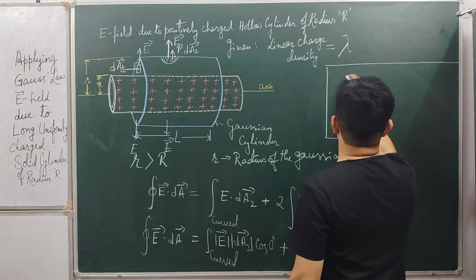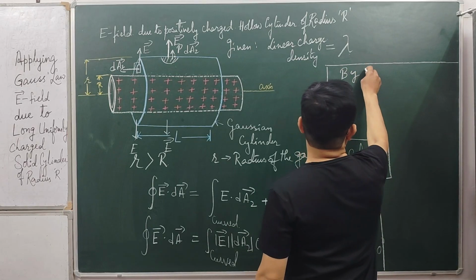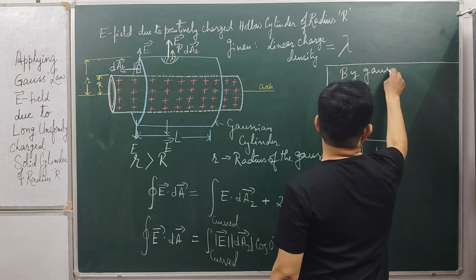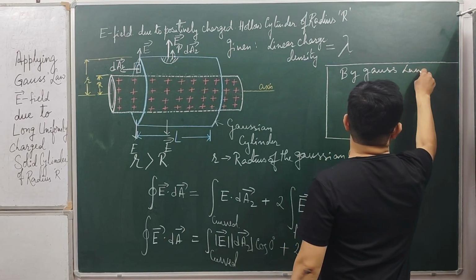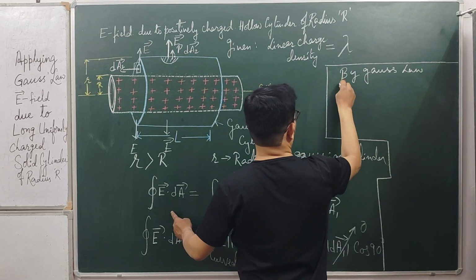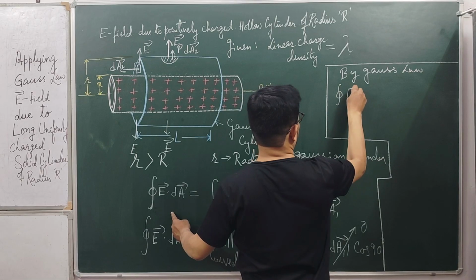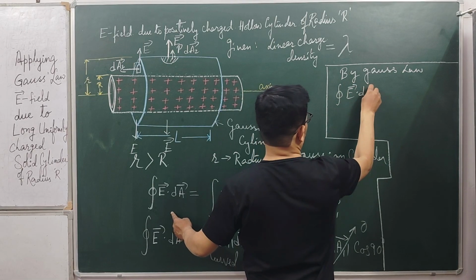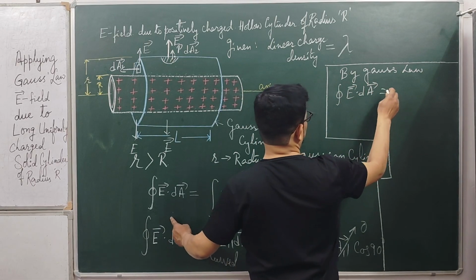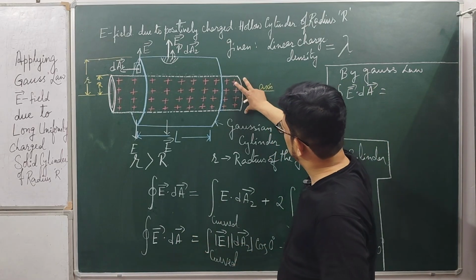So by Gauss law, what do we know? We know that this net flux that we have calculated, which is E dot dA, is equal to the net charge enclosed.